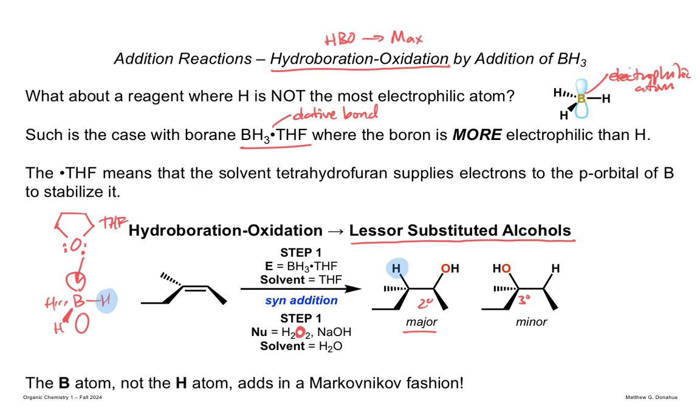It gets there because that is initially where the boron was deposited. So you add H and B, and then in the second step of the mechanism, the boron gets substituted for the oxygen. We'll talk about how that happens. It's a pretty unique mechanism.